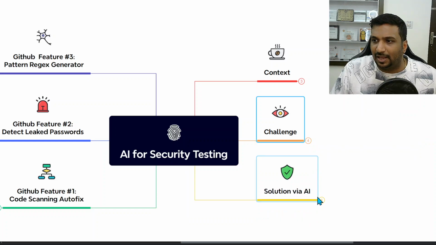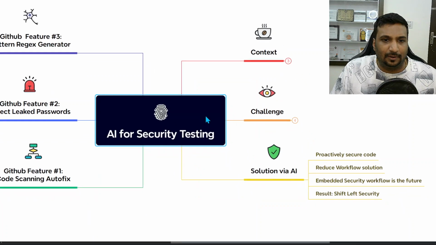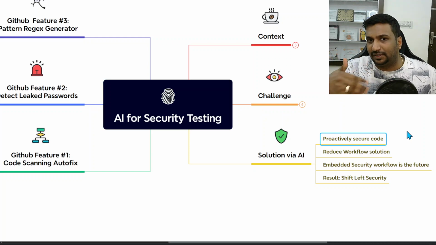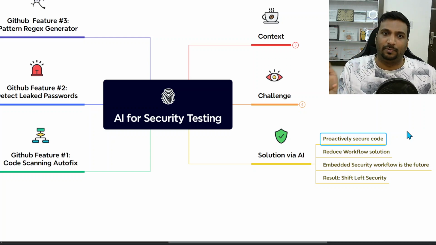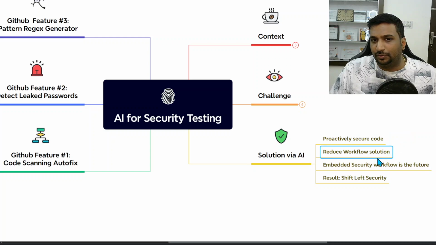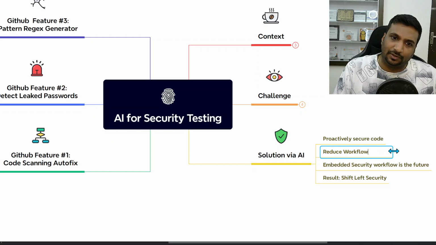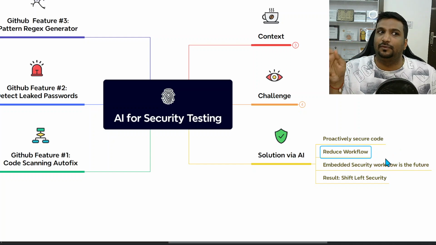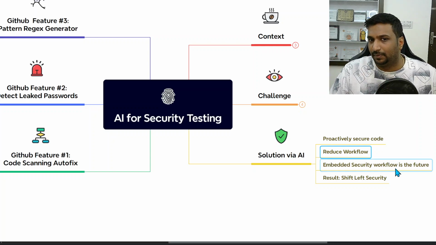Now, how does AI help with the solution? Essentially, with AI you can proactively secure your code, which means the AI can proactively scan your code and tell you about vulnerabilities, issues, and what should be fixed. It also reduces the workflow for doing security. Instead of adding a separate layer of security, if you could integrate it through AI into your overall development workflow, that would be awesome.